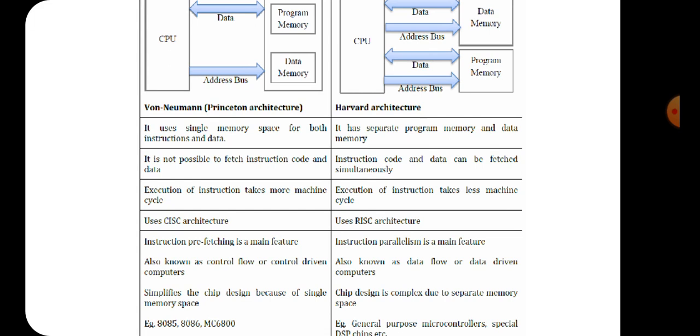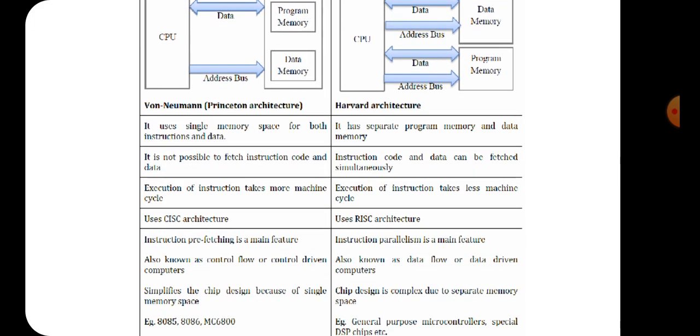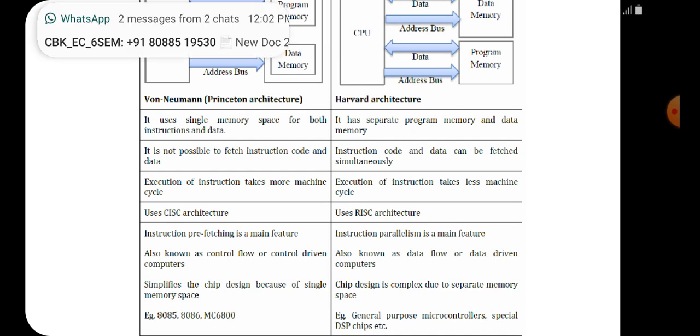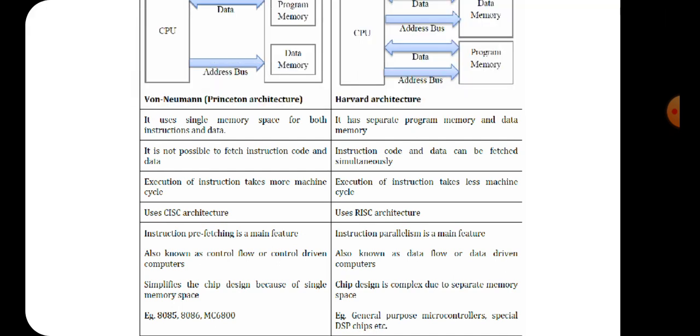In Von Neumann, some instructions are fetched well in advance from the memory and stored internal to the processor. They are not decoded. Once the first instruction completes its execution, the next instruction will be fetched, decoded, and executed.